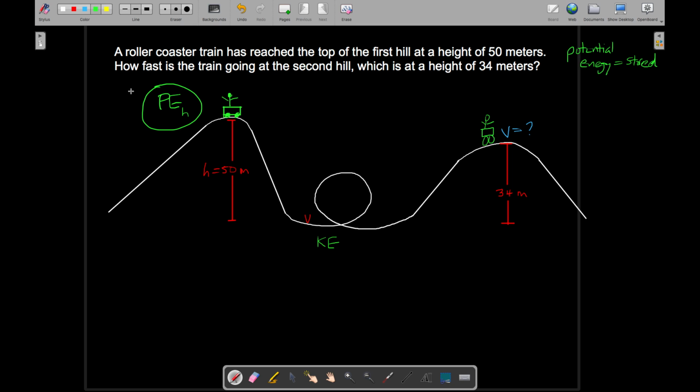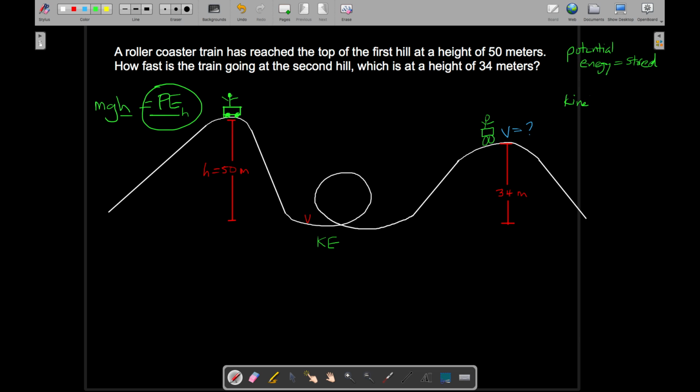Now, potential energy has an equation of its own. You might want to know this. In order to solve potential energy, you need to have the object's mass, gravity, and height. Keep in mind that height and potential energy are proportionally related. If height increases, so does the potential energy, and vice versa. Now, kinetic energy has its own equation as well. The definition of kinetic energy is all about motion.